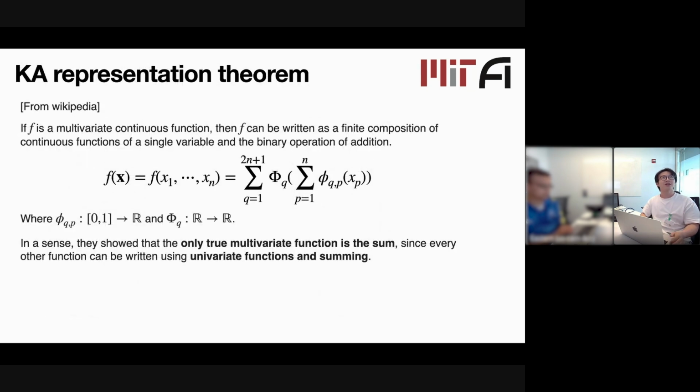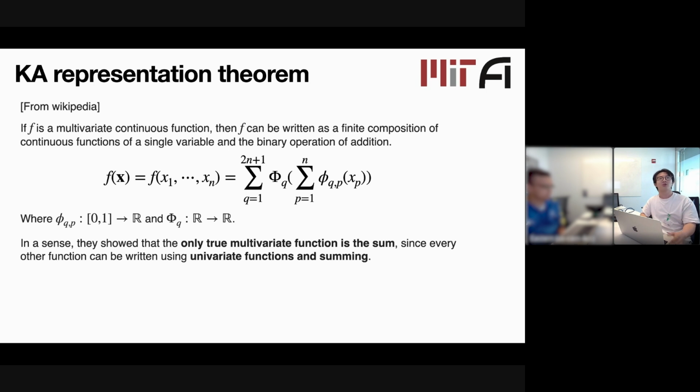So what is the KART theorem? It's the shorthand for Kolmogorov-Arnold representation theorem. The KART theorem says that for a multivariate continuous function f, f can be written as a finite composition of continuous functions of single variables, basically 1D functions, and the binary operation of addition. This formula looks complicated, but I will give you some illustrative pictures later.